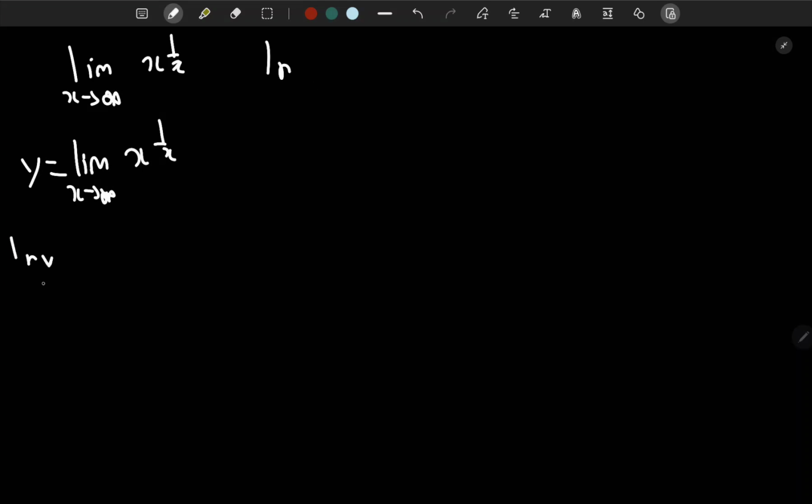It's going to be ln y is equal to limit x is approaching infinity ln x to the power of 1 over x. And now we can take the 1 over x down, since this is one of the properties. If you have ln a to the power of b, we can take b down as a coefficient of ln.